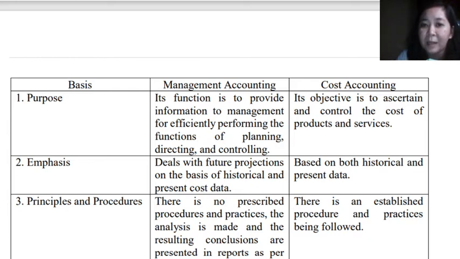While for cost accounting, as mentioned also under the comparison between financial and cost accounting, it uses both historical and present data. But if you could see, their emphasis is somewhat the same. Under cost accounting, you can also project cost for the future or plan or budget cost for the next accounting period. So in this basis, they have somewhat the same emphasis.